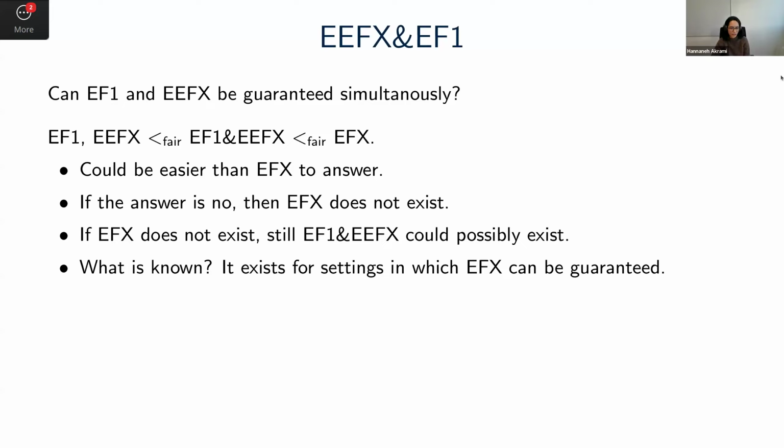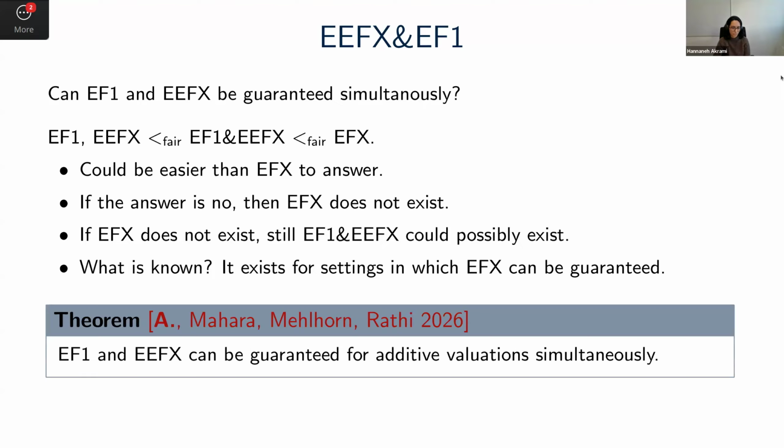So in particular, for additive valuations and 4 agents, EFX is not known, and therefore, at least prior to this work, we didn't know whether EF1 and epistemic EFX at the same time could be guaranteed, even for 4 agents with additive valuations. And our result is that EF1 and epistemic EFX can be guaranteed simultaneously when agents have additive valuations.